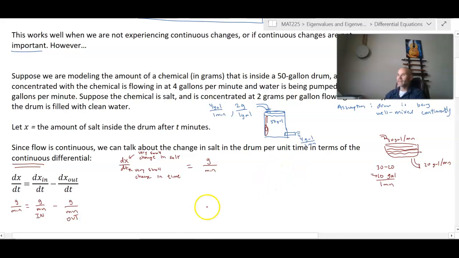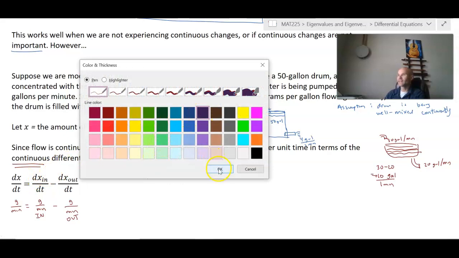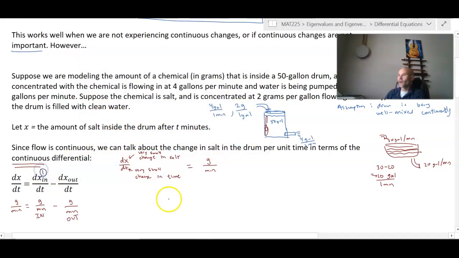So what we need to get this dx dt, in order to get this, we have to think about how many grams are coming in every minute. Well, I have 4 gallons of water coming in each minute, and I'm going to do a little tape diagram here. Let's just say that this represents 4 gallons. This is over the course of 1 minute. And every gallon is going to be concentrated with 2 grams of salt.